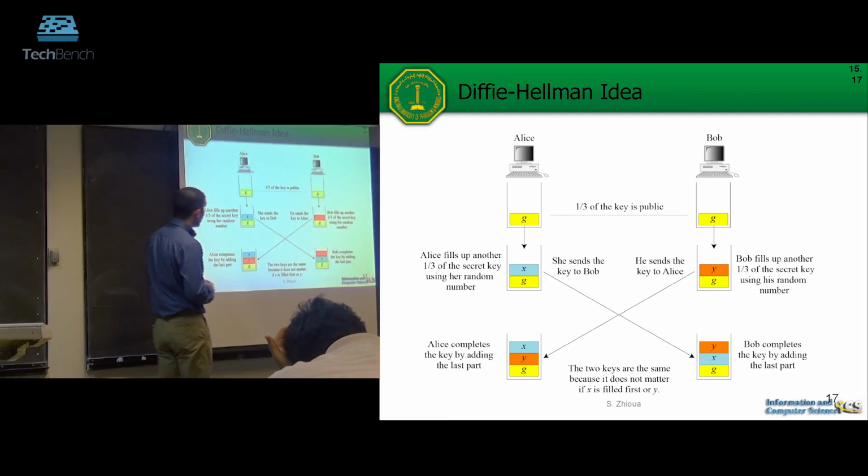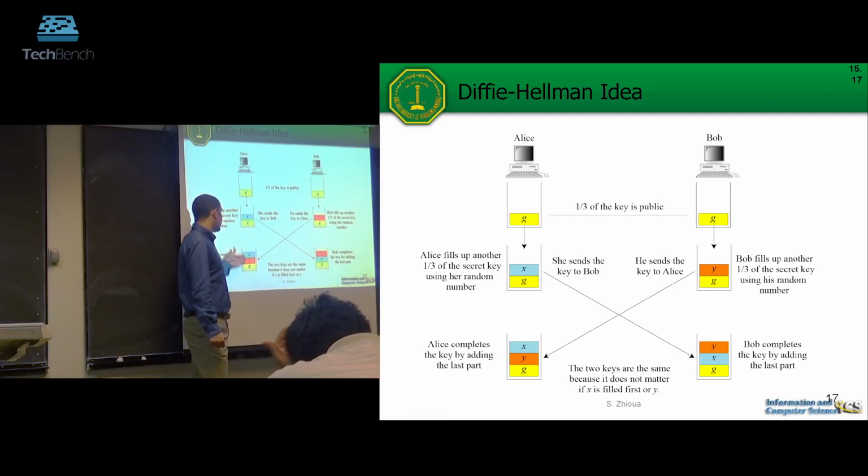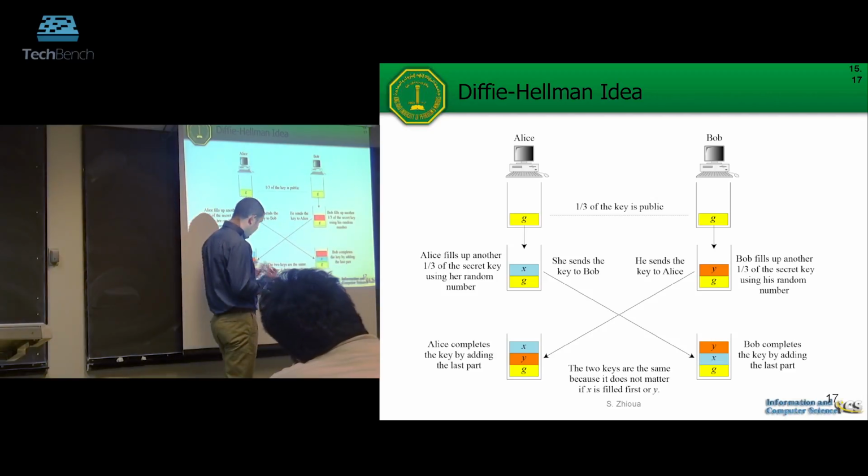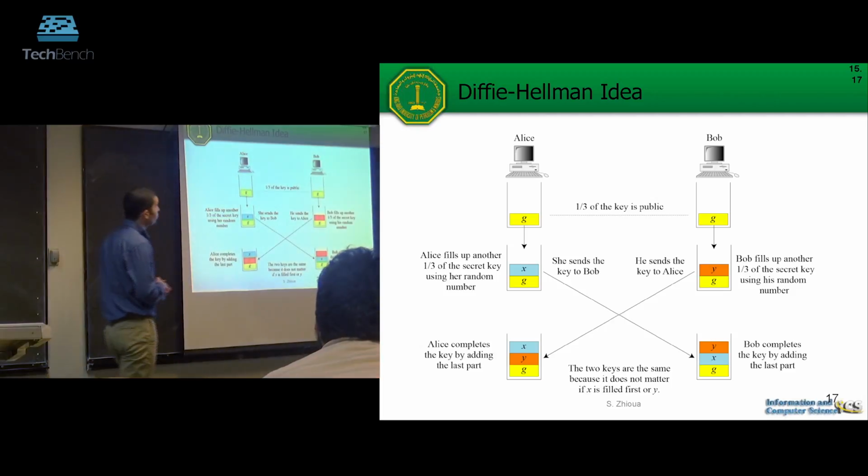Then she completes the three parts and can compute the secret key. The same for Bob. So for an attacker, in order to know the secret key, he needs all three components.